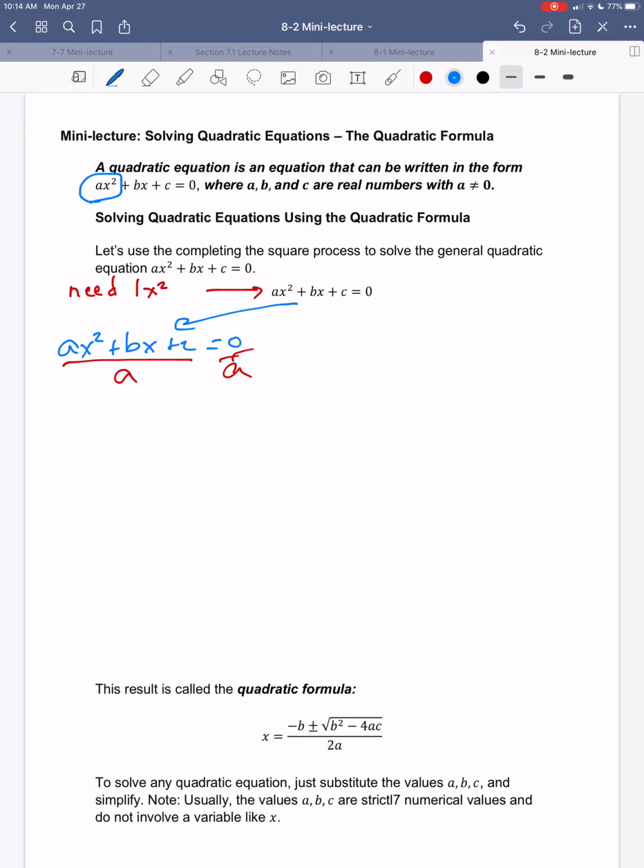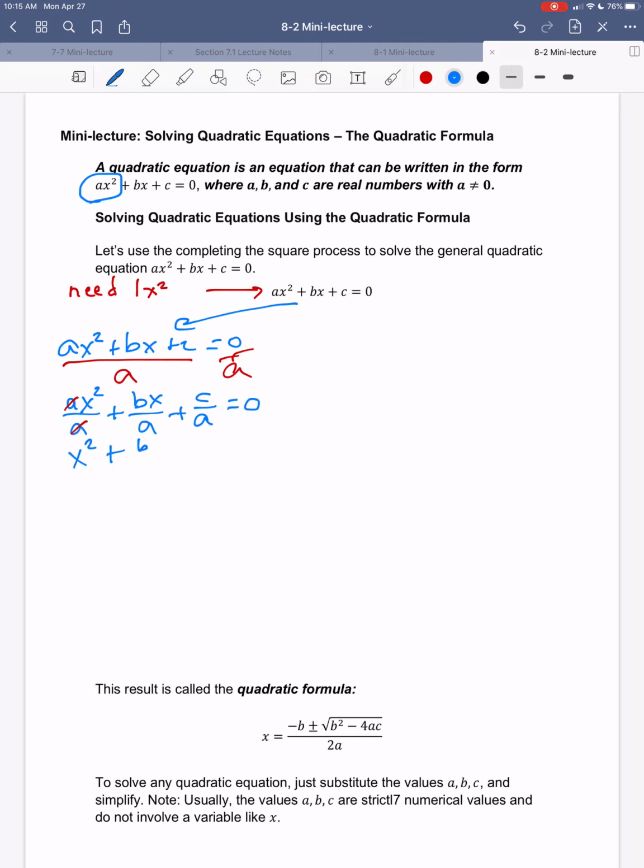Okay, so I'm going to get then ax squared over a plus bx over a plus c over a, and then 0 over anything else is still 0. And of course, since I divided by a, those a's cancel out, so I'm left with just x squared.